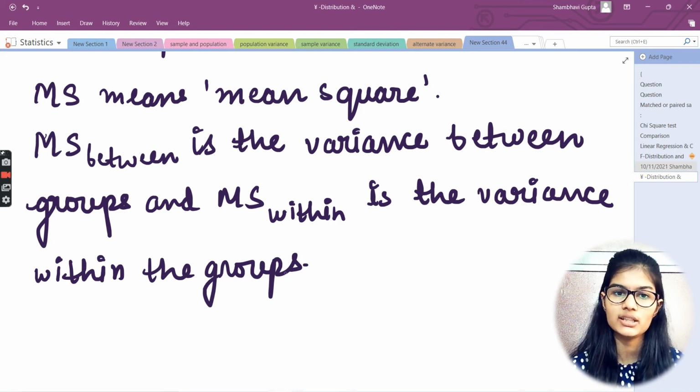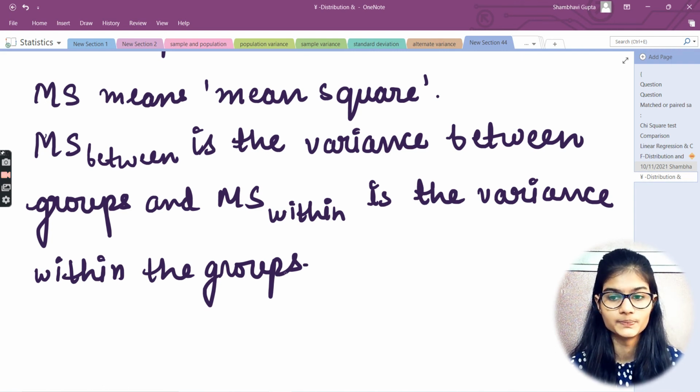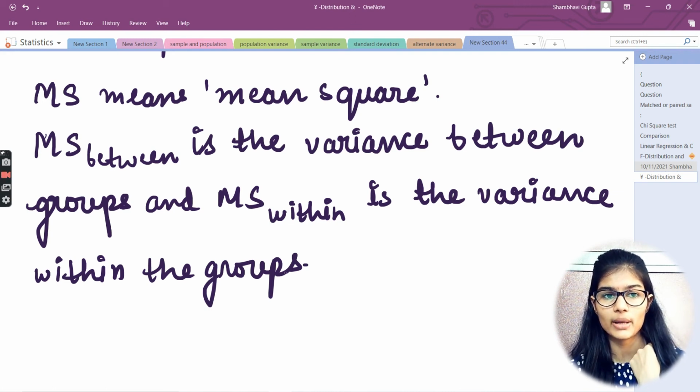MS between is the variance between the groups, and MS within is the variance that is within the group. So both are different things. When I talk about variance between the groups, that is one thing, and when I talk about variance within the groups, that's again a different thing.